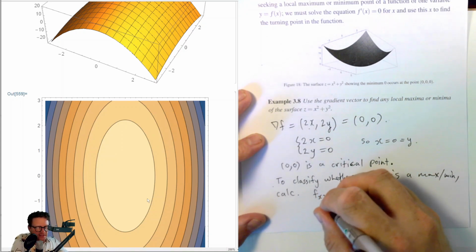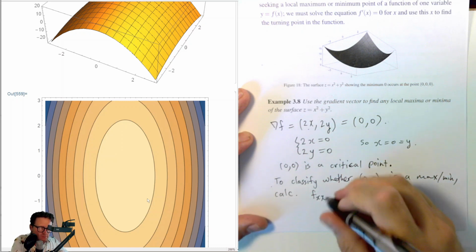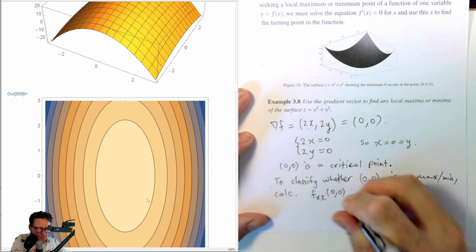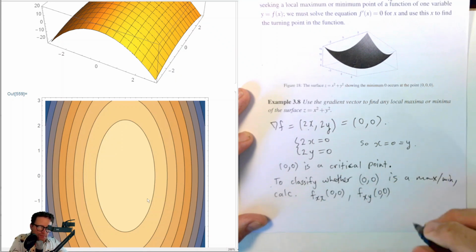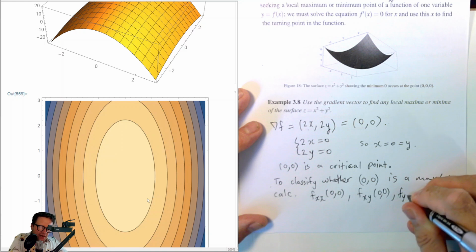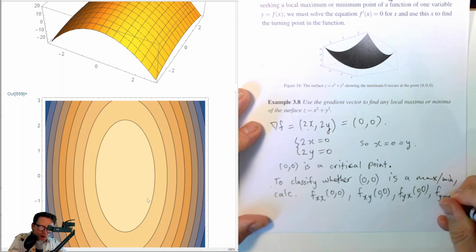So fxx at the critical point (0, 0), fxy at (0, 0), fyx at (0, 0), and fyy at (0, 0).